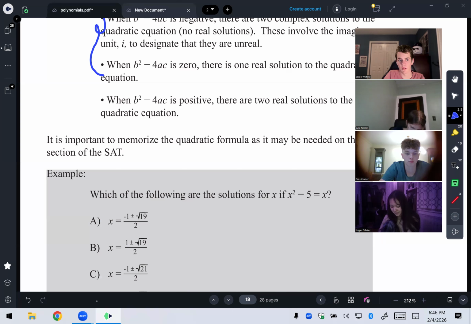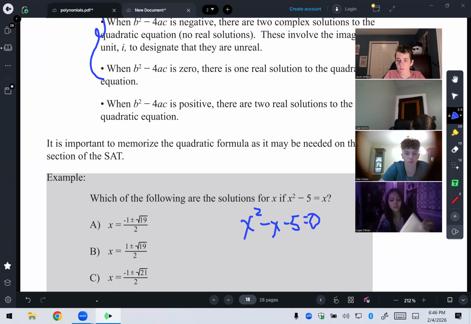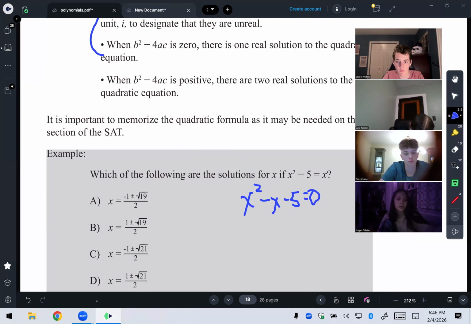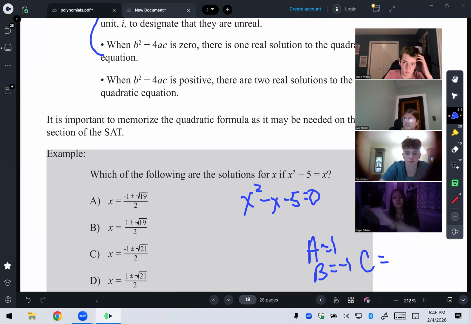Pretty easy. We'll go through the example, then we'll try a couple more and have you try a couple. So first we have to put it as x squared minus x minus 5, because we have to bring everything over. So a is 1, obviously, b is negative 1, and c is negative 5.